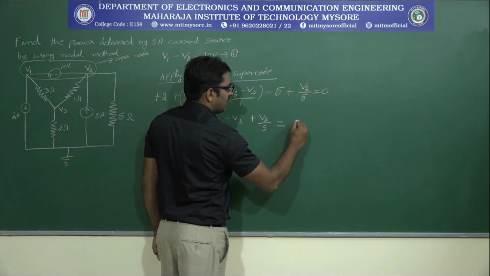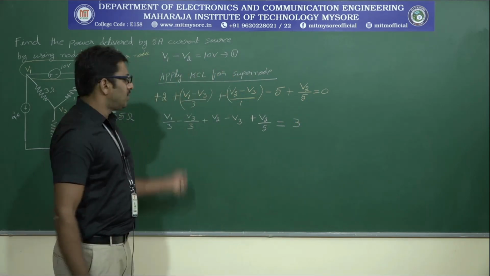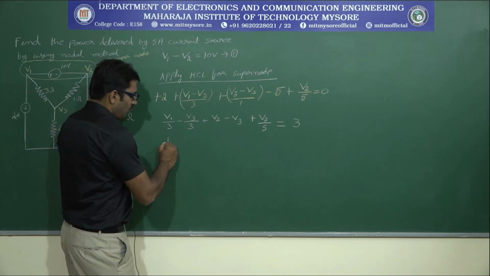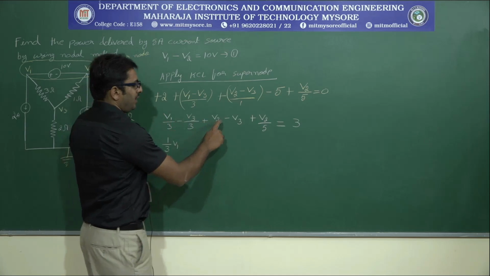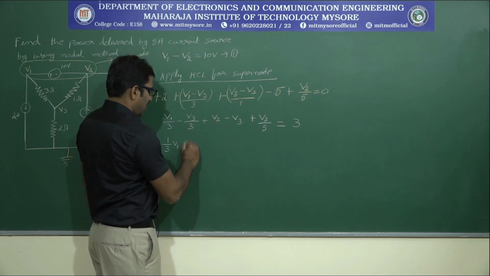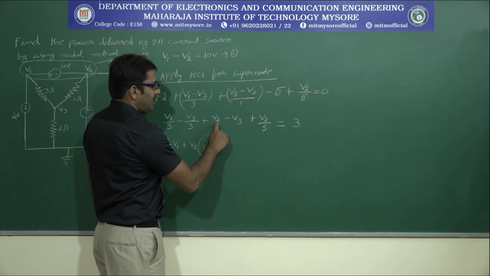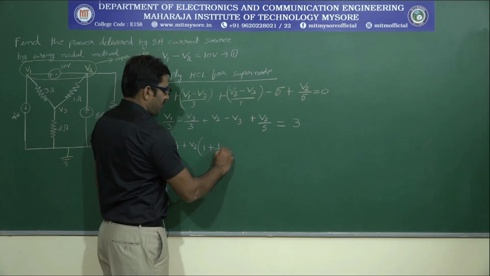So, just shift this to the other side: minus 3 becomes plus 3. Next, group the similar terms. First one, 1 by 3 V1. Next, V2 common factor. So, plus V2 as a common factor, 1 plus 1 by 5.